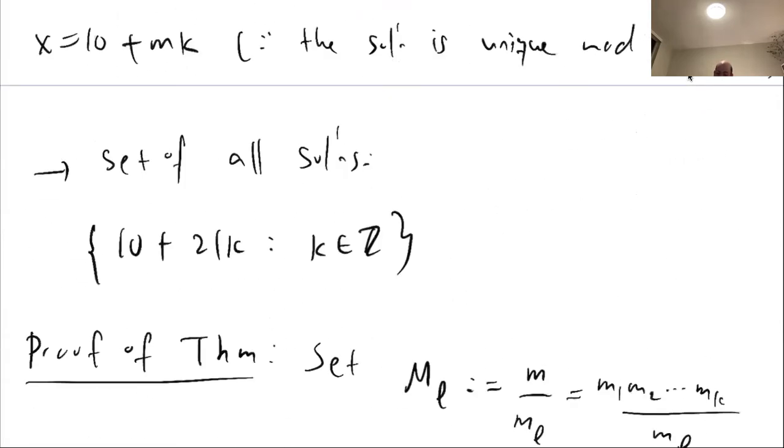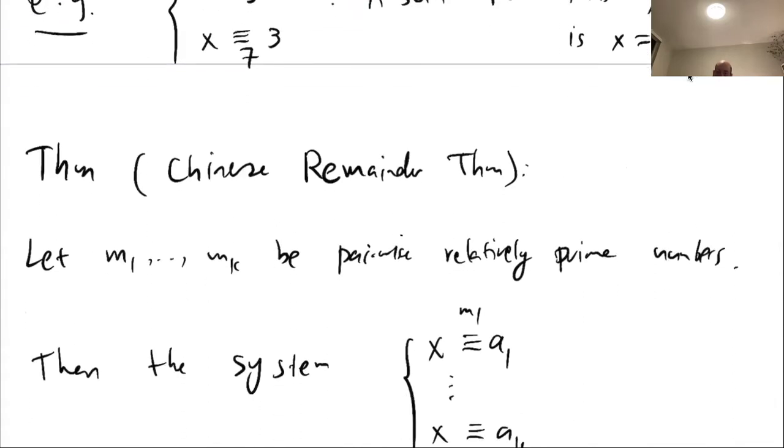Remember, the assumption of the Chinese remainder theorem is that you have some numbers M1 to MK which are pairwise relatively prime, which means any two of them that you consider are relatively prime, meaning that their GCD must be 1.